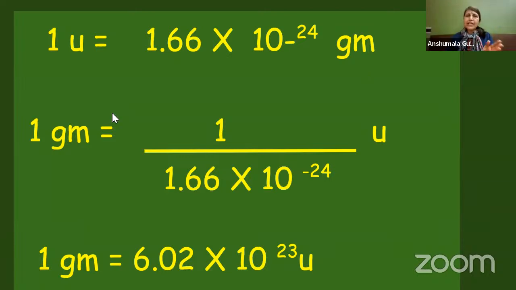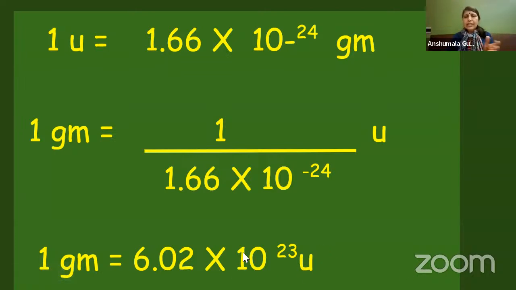If you just write it differently, 1 gram is 1 upon 1.66 into 10 to the power minus 24 U, so 1 gram becomes equal to 6.02 into 10 to the power 23 U. That means the unit 1 gram is this number times the atomic mass unit.